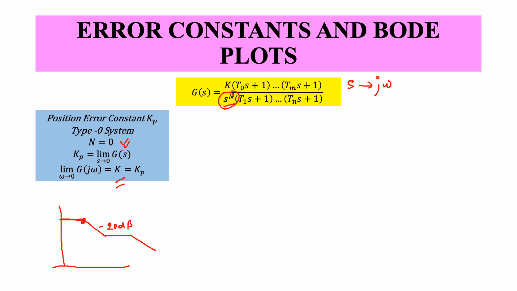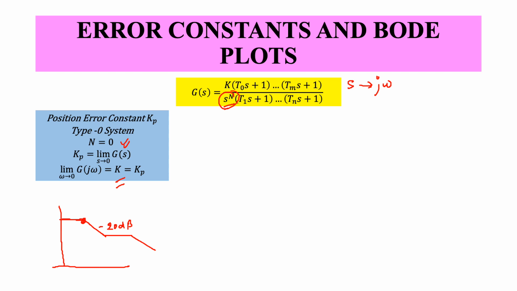So this will be K, this whole log when I put omega equals 0. Then I write it in terms of time constant form. How do I find Kp?